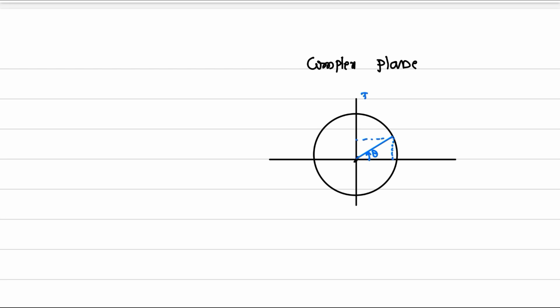This is the imaginary axis, this is the real axis, and this is x, this is y.